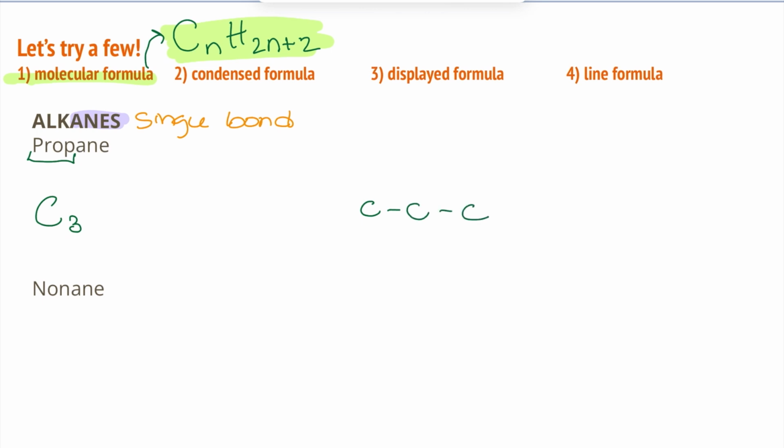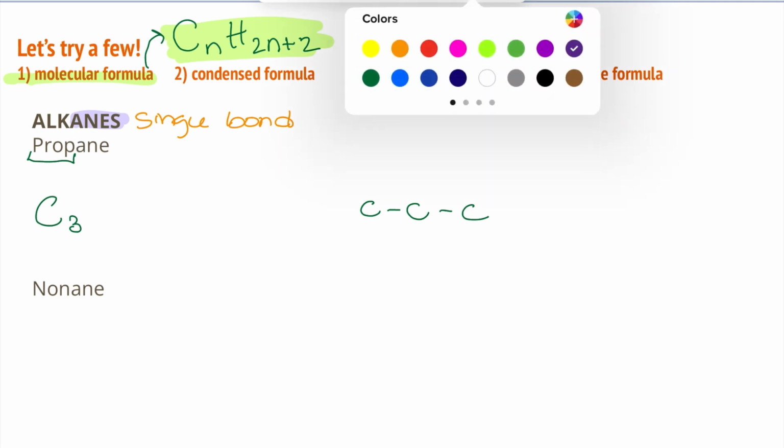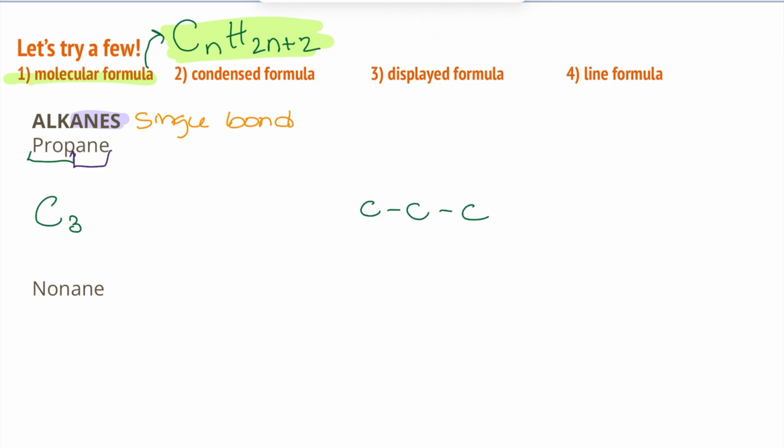I know that because of this ane, those are only single bonds. So from there, I know that I'm not going to have to add any double bonds, and I can make the rest of my carbons happy by adding hydrogens around there. And so this is my complete displayed formula.